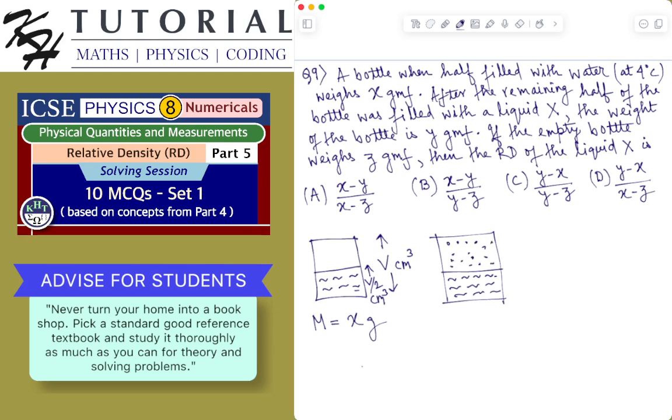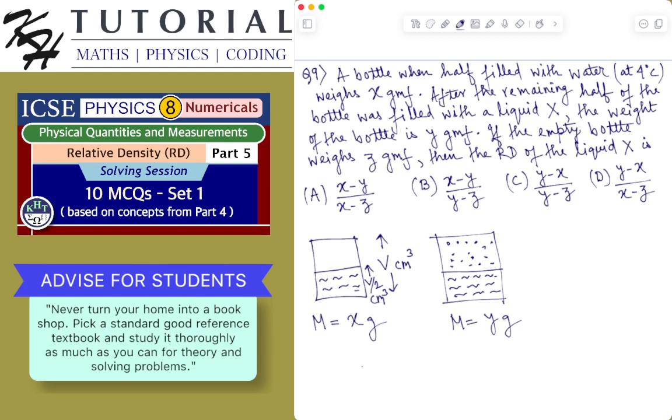Now the total mass, that is the mass of the water, the liquid and the bottle, is Y gram. If the empty bottle weighs z gmf, so definitely the empty bottle has some mass, so it will have some weight.